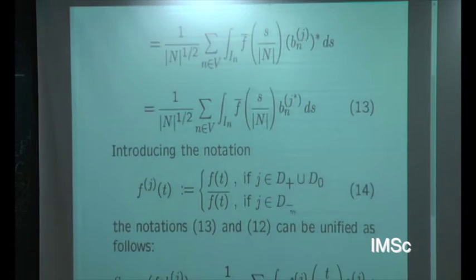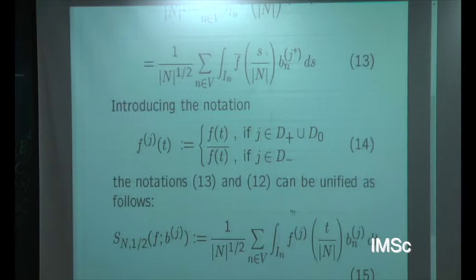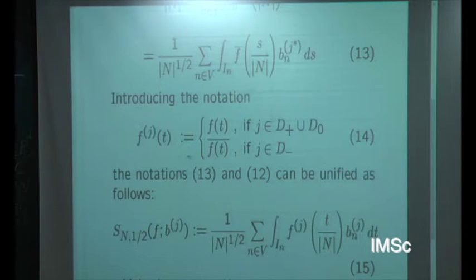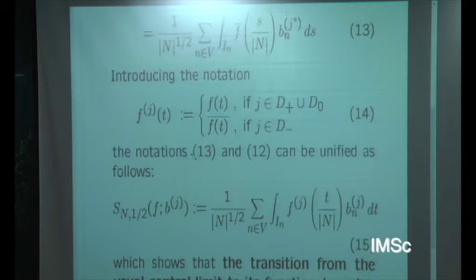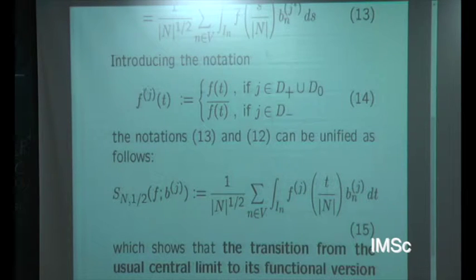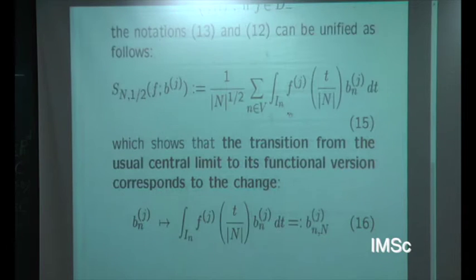And then we also introduce this notation which will simplify our life for the central limit theorem. So Fj will be F if the index is in plus 0, and F conjugate if the index is in minus.